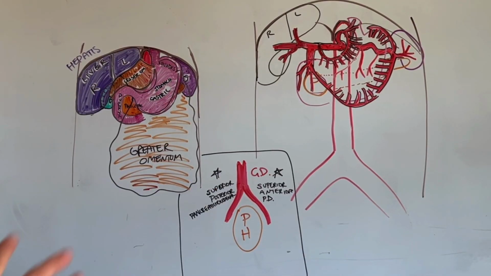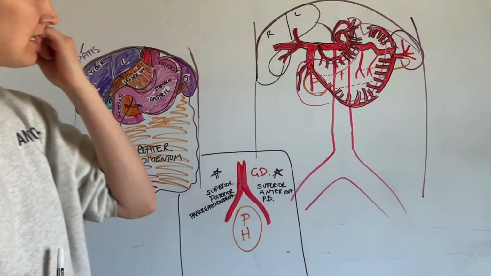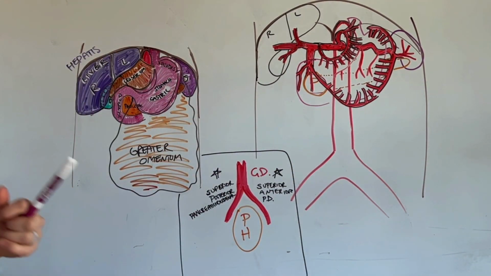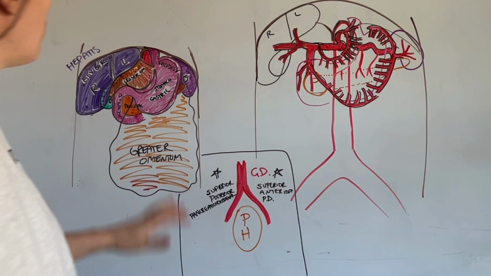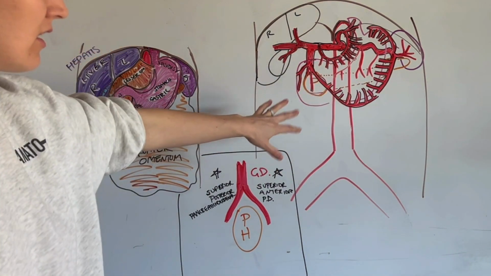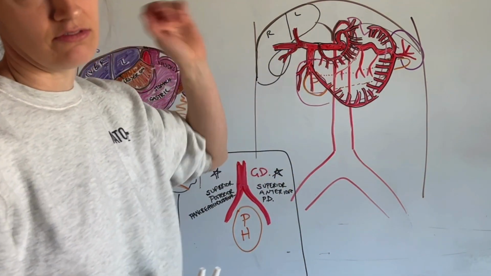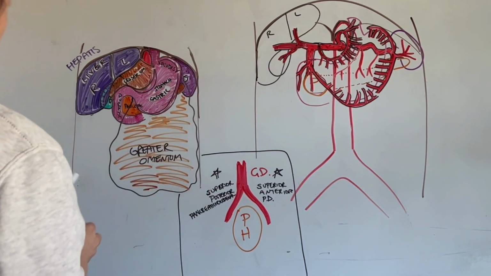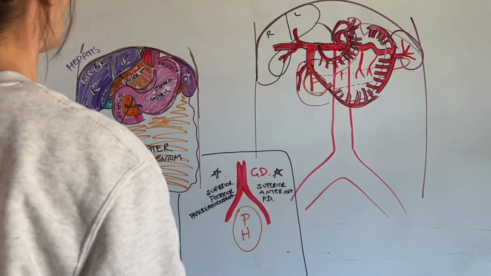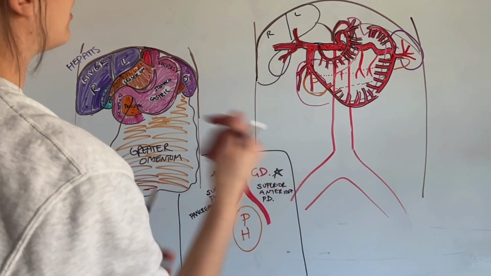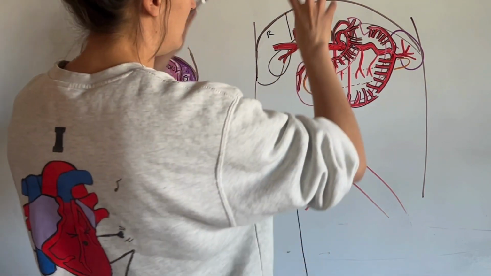Now, this picture is already kind of busy, but I am actually going to add more to it because I want to show you how these two anastomose with each other. And then we'll be taking superior mesenteric artery's branches in a different video. We need to get rid of all that celiac trunk stuff so we can actually visualize the superior mesenteric artery. So I'm going to show you kind of the start of it.